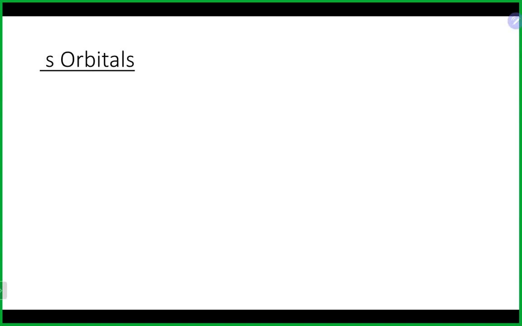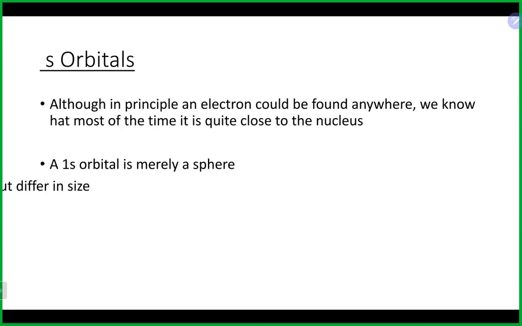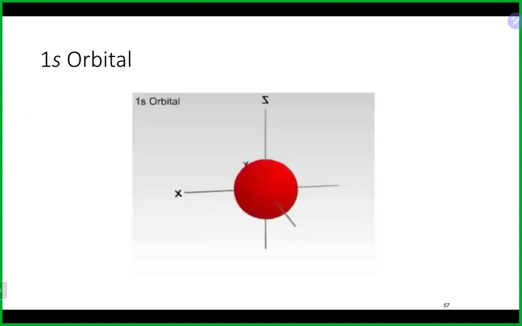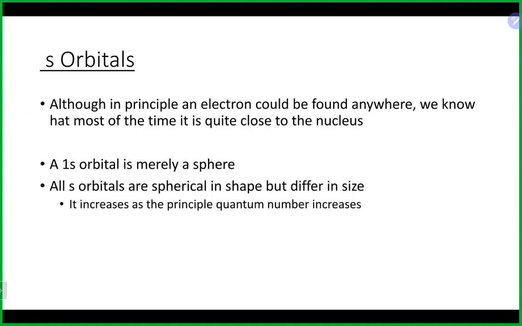So let's talk specifically about these atomic orbitals and where electrons are housed within the atom. Let's start, in general, with any individual atomic orbital, be it an s orbital, a p orbital, a d orbital, or an f orbital, it doesn't really matter.